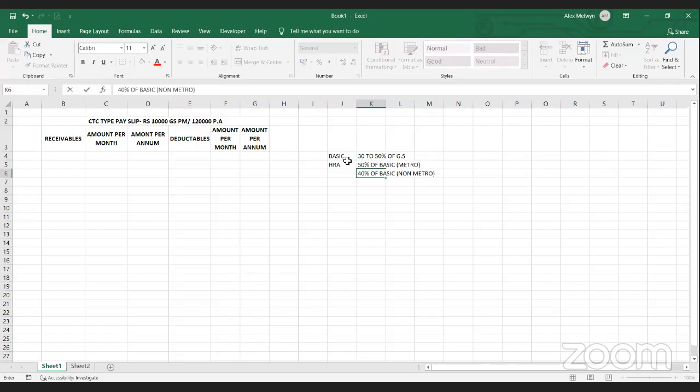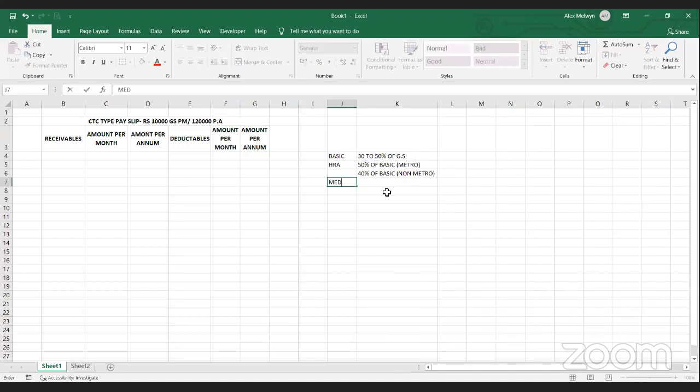That's what I'm doing right now, putting it in the order of the payslip. Then you have medical and travel. Here I'm just putting it as 25,000 per annum, a common terminology.